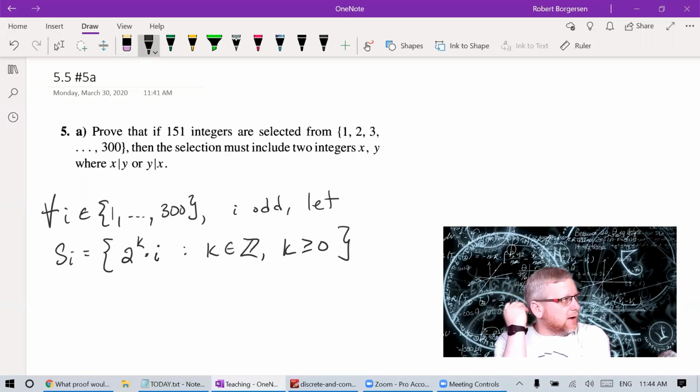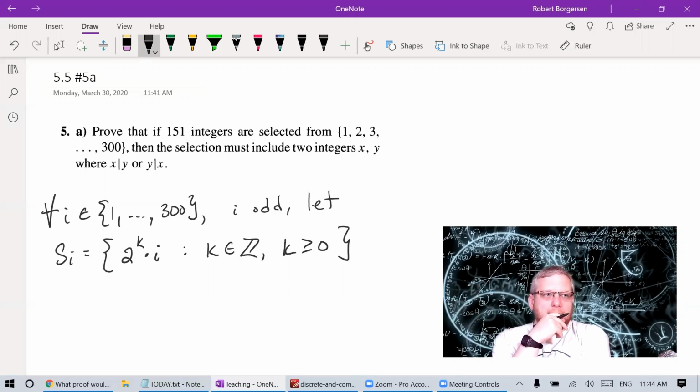If I pick 23, 23 is prime. And so 23 is in the set S23 because that's 23 times 2 to the 0. If I pick 4, well, 4 is in the set 2 squared times 1. So it's in the set S1. So S1 is the set of all powers of 2. 8 is also in there because it's 2 cubed times 1.